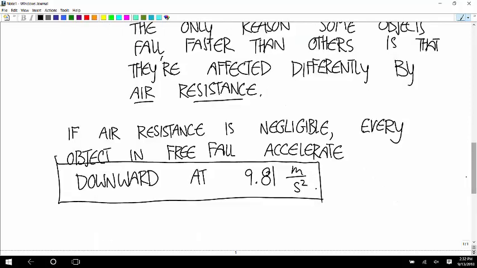This acceleration is what's referred to as g. So g is 9.81 meters per second squared.